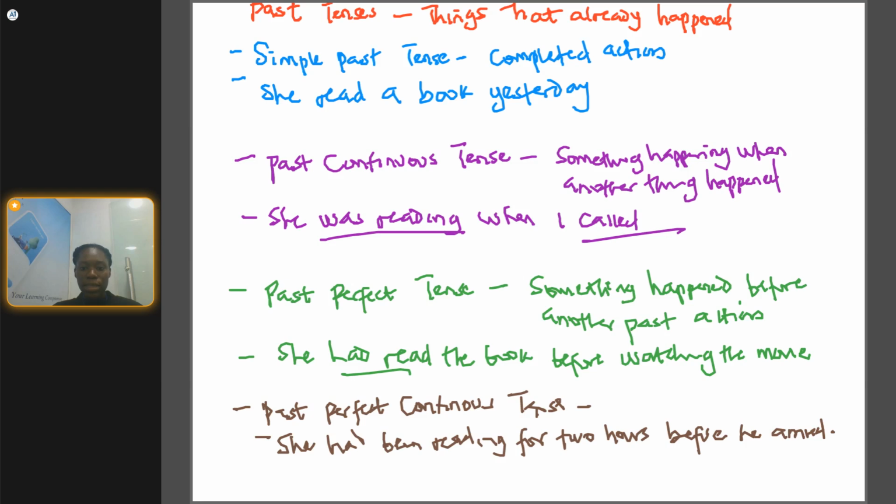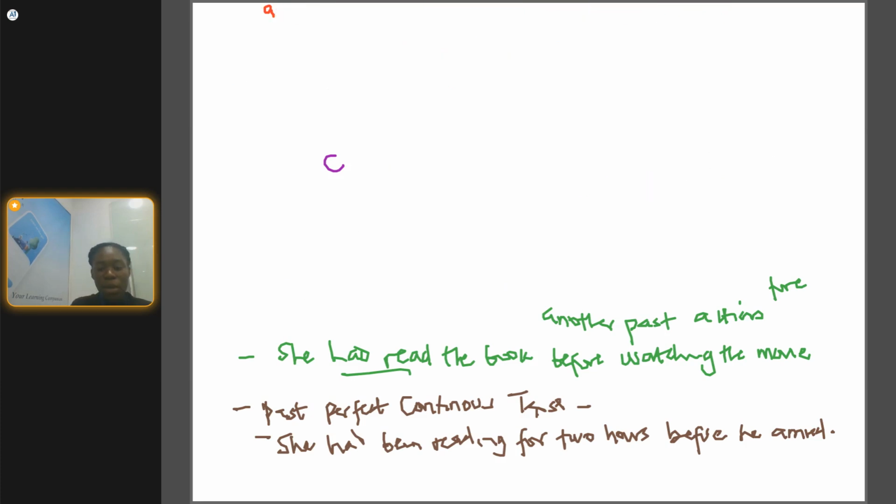The future tenses. I'm going to wipe off the board now. Like I mentioned at the beginning of the class, we looked at three major tenses: the present tenses, the past tenses, and the future tenses. We already looked at the present and the past tenses.